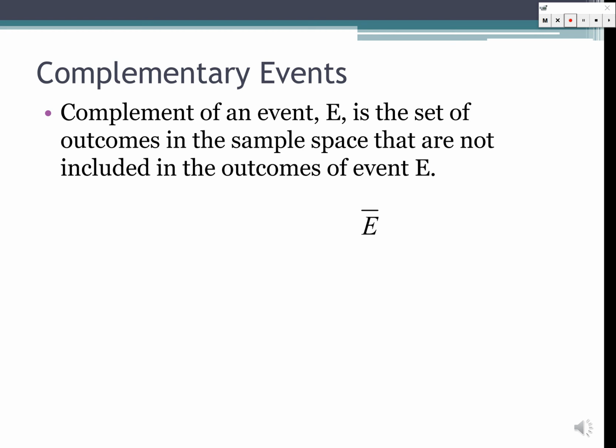Your event consists of so many outcomes in your sample space. The complement is the outcomes that are not part of your event.